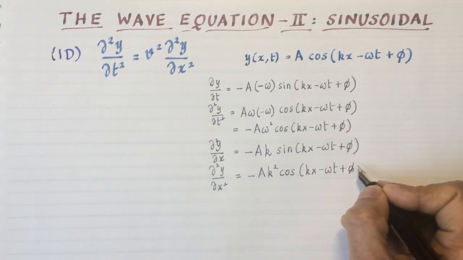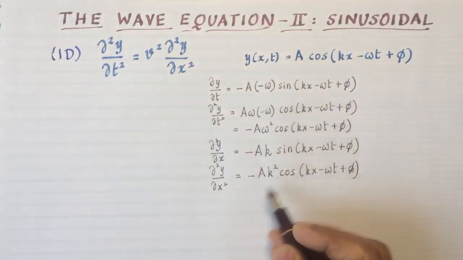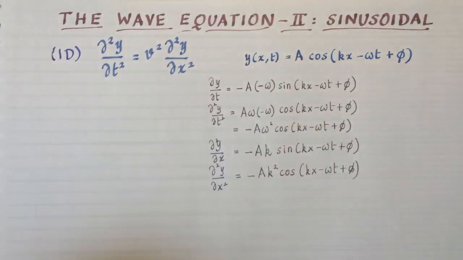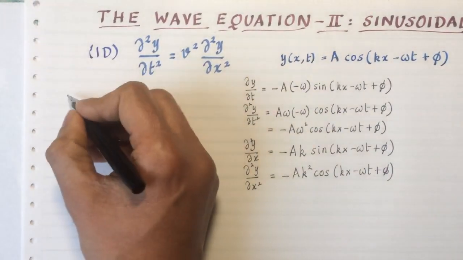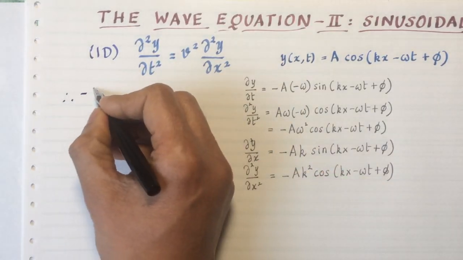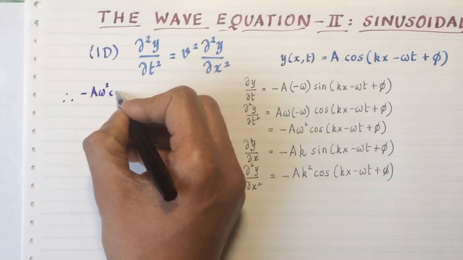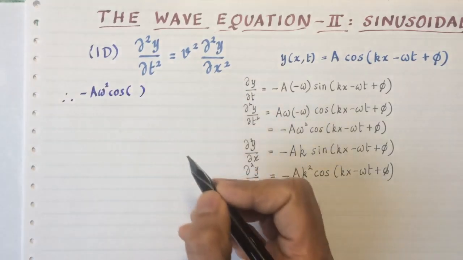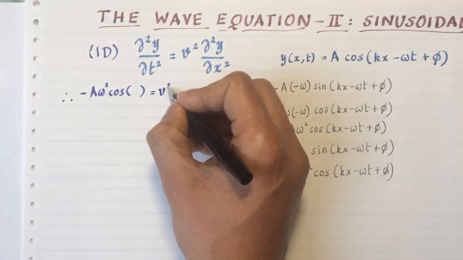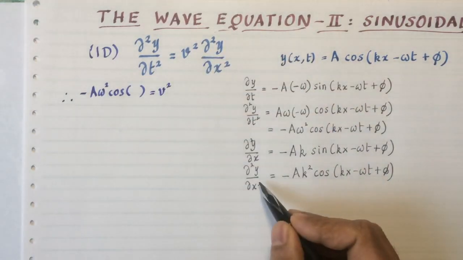And now to satisfy the wave equation, I should feed this to this side and that to that side. Let me do that. And let's see what happens. Therefore, I get negative A omega squared cosine. I'll just not write the arguments to save space. And that's equal to v squared times, because there's a v squared here, all this stuff.